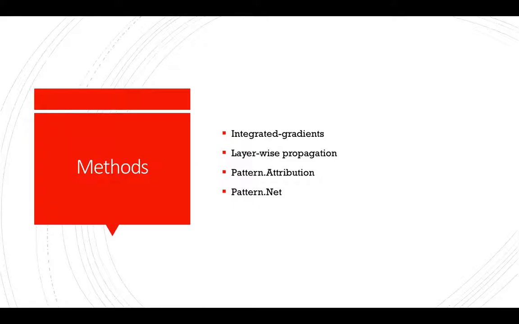And Kindermans introduced a new state of the art method that they claim has better interpretability than many other current state of the art methods like LRP or deconvolve.